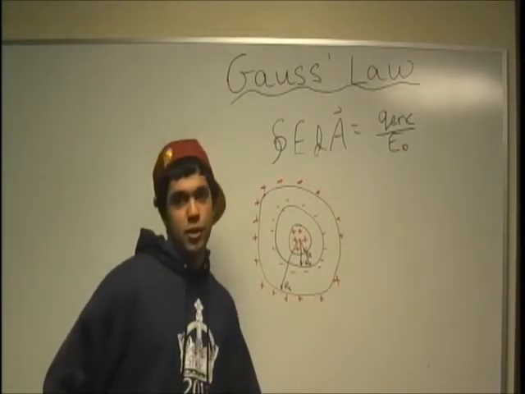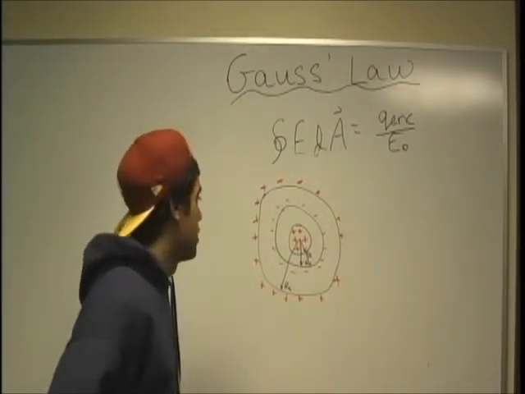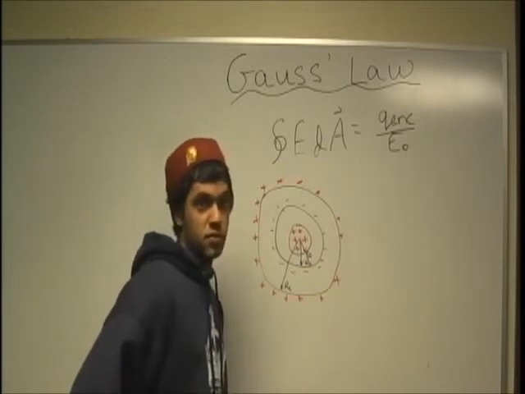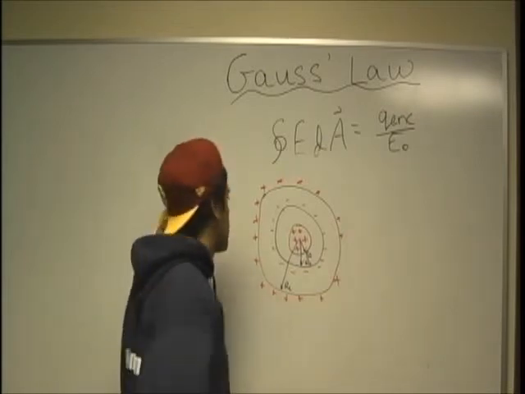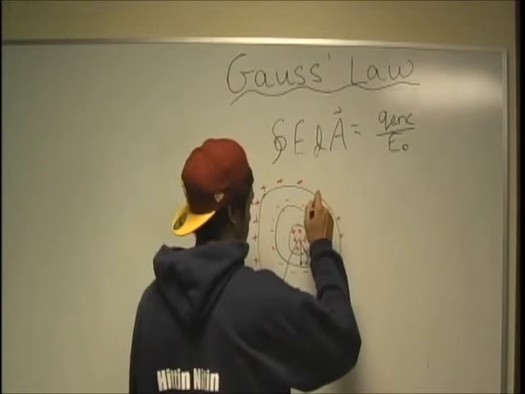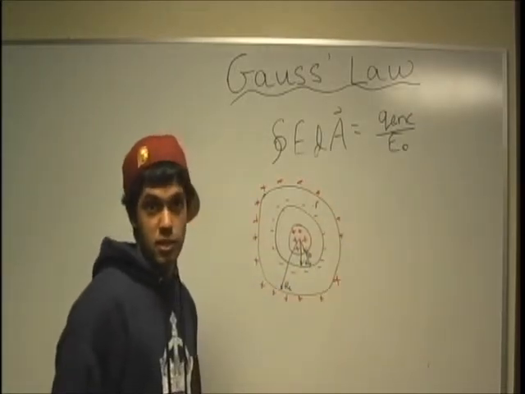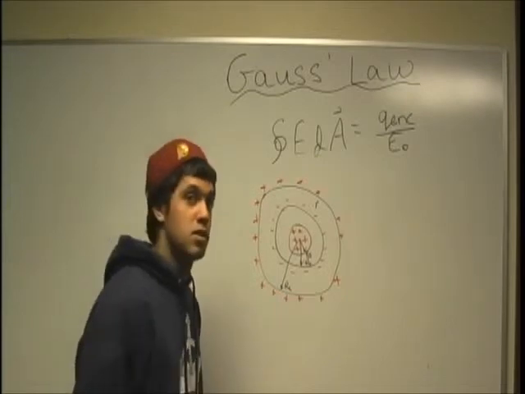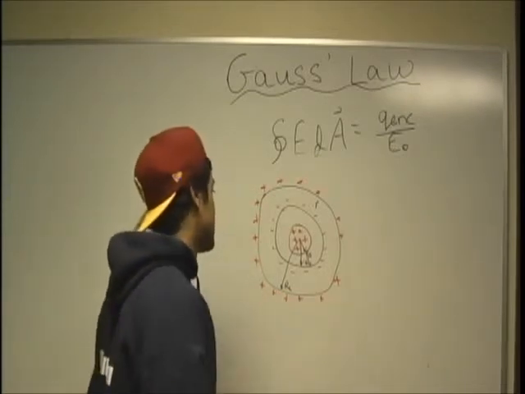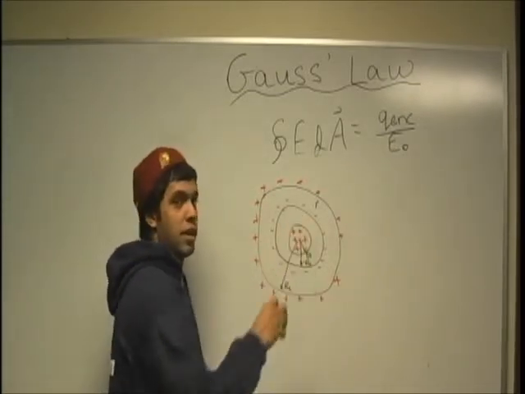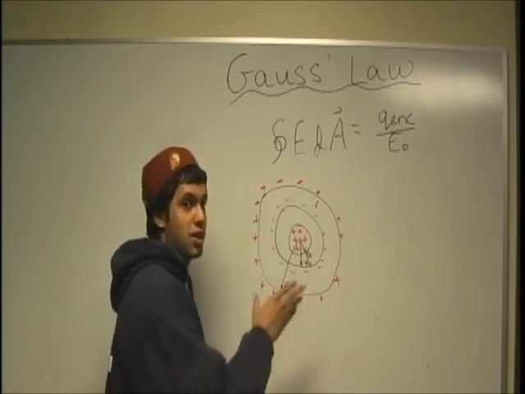Alright, so now we're going to look at the field inside the conducting shell. So let's take a point over here. First, before we do this, let's study the science of this conducting shell. So what happens is, since there's a positive charge inside here, it induces a negative charge along the inside of the shell.